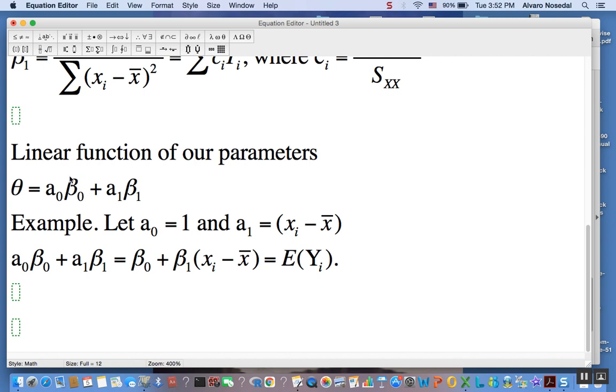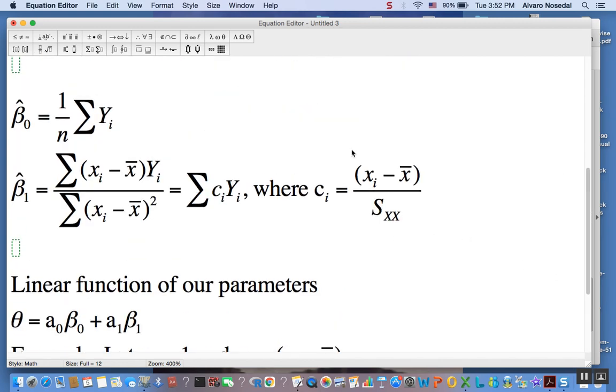We have already shown that beta hat 0 and beta hat 1 are least squares estimators of beta 0 and beta 1 respectively. But we have also shown that in the particular case of linear regression, least squares estimates for beta 0 and beta 1 are also maximum likelihood estimates.